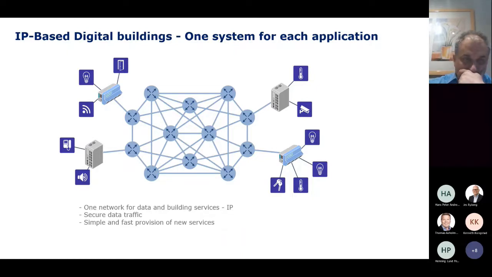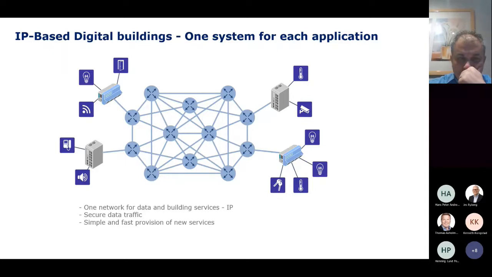We think the goal should be that all smart devices in a building speak one common language. This means using one standard and widely spread protocol. We use IP because we think this is widely spread, and you can build a strong, secure, and flexible IT network as a foundation.